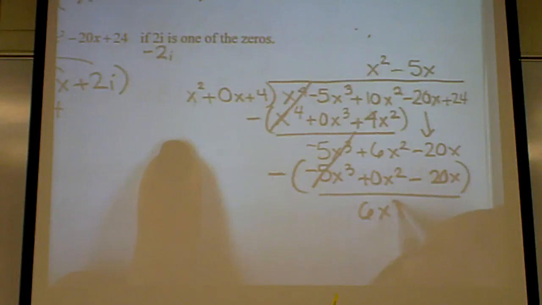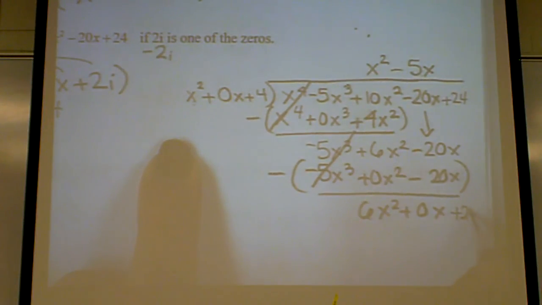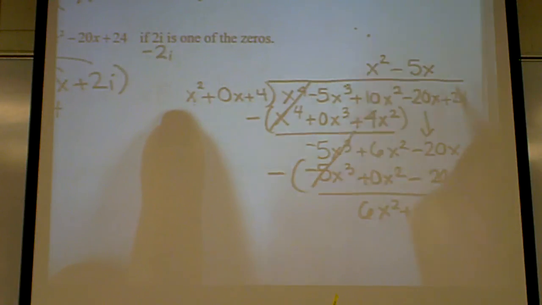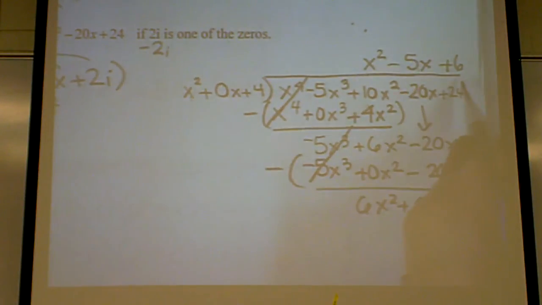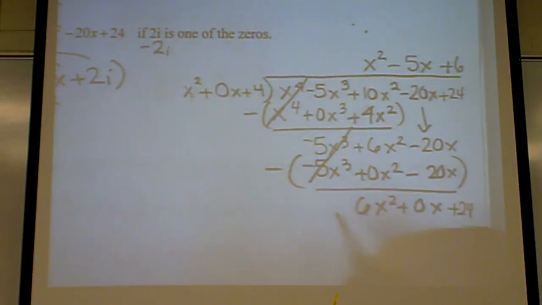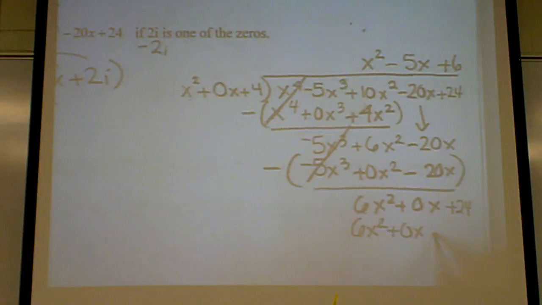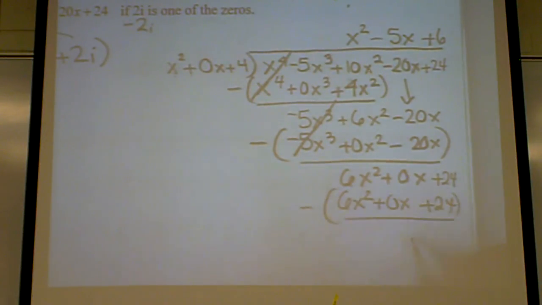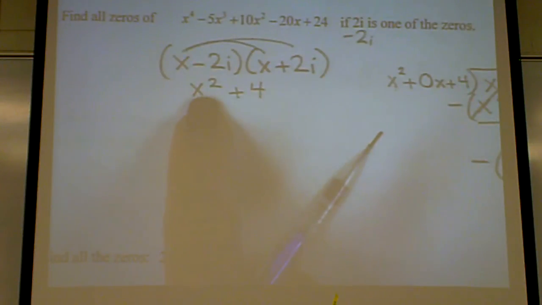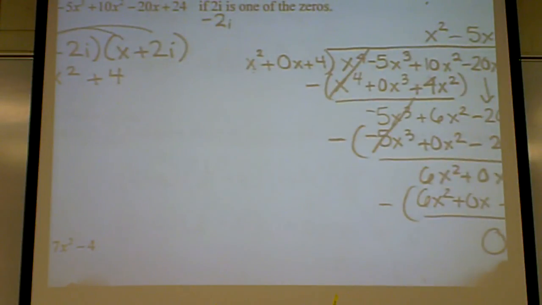We get 6x squared, 0x, and bring down your 24. We need a 6, and everything will cancel if you just make sure. 6 times x squared is 6x squared. We have no x, and we have a 24. When you subtract the same thing, you get 0. That's what you want. Because if this goes into this evenly, there should be no remainder.